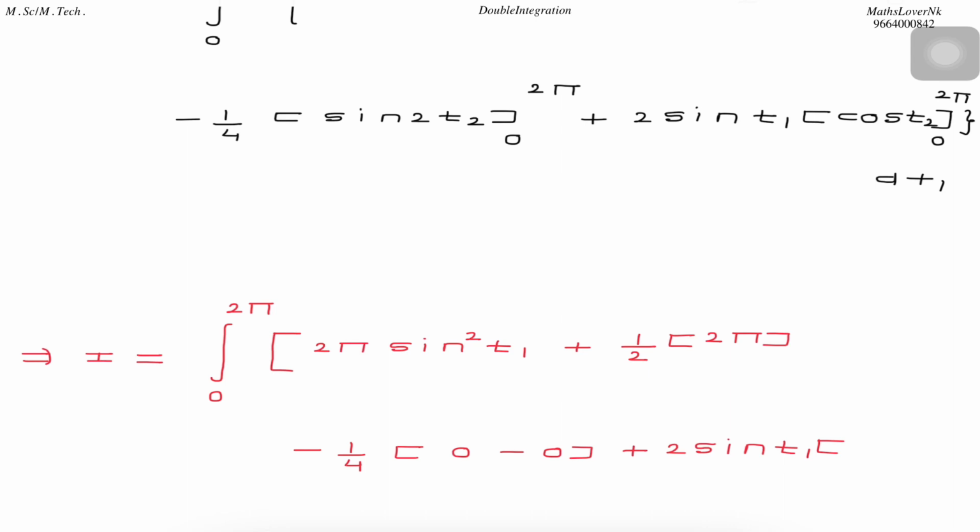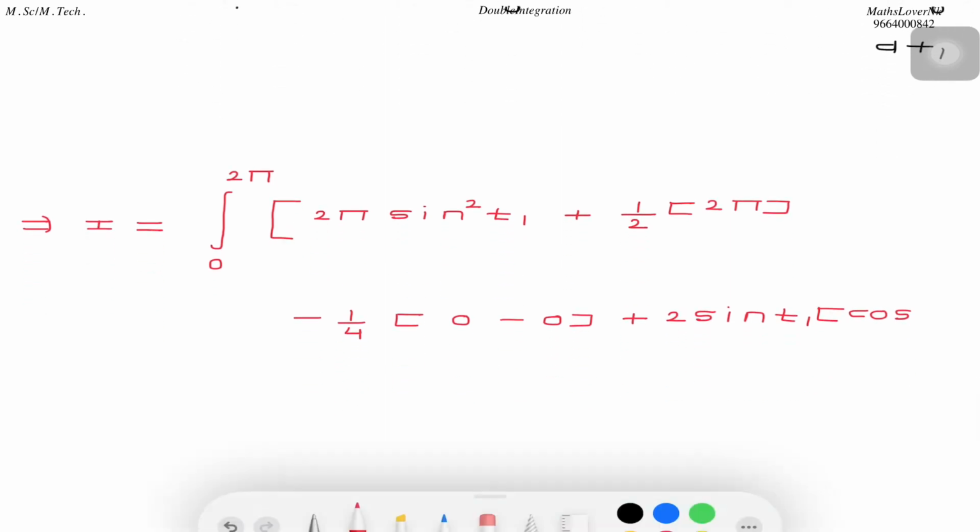so cos 2 pi, see the values. Cos 2 pi stands for cos 360, that is cos 0.